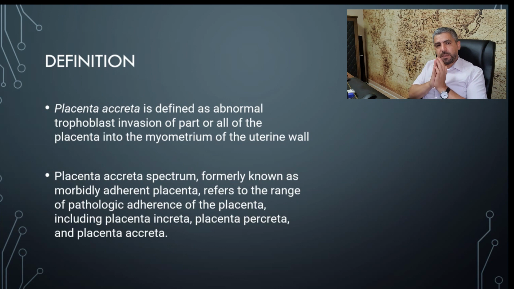Why do we call it placenta accreta spectrum? Well, because the depth of invasion of the trophoblast of the placenta into the myometrium is variable. So it's like a spectrum. So we divide it into placenta accreta, increta, and percreta, and we'll know the difference between them in the coming slides.